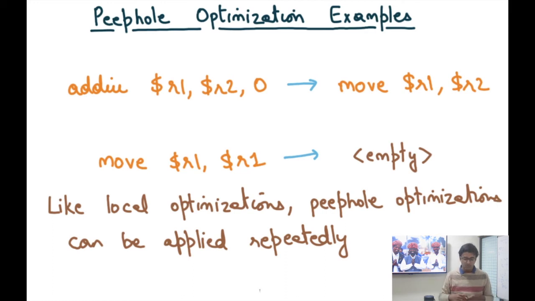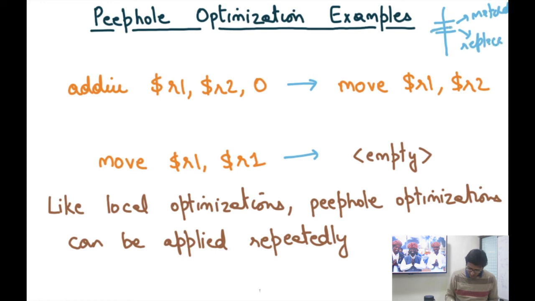And you keep doing this iteratively, because what can happen is that there was some window which matched, and because of the replacement, another new window got created that can now get matched again, or maybe that window can be somewhere here.